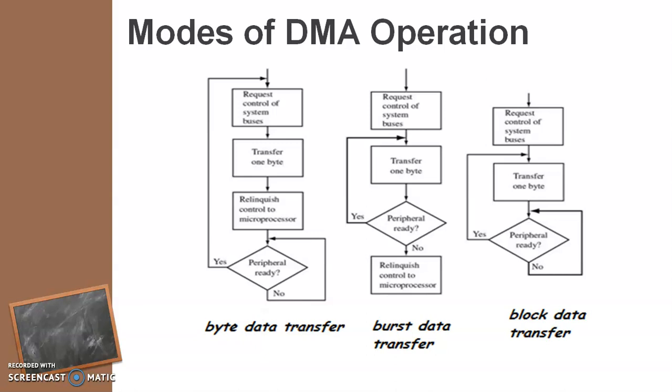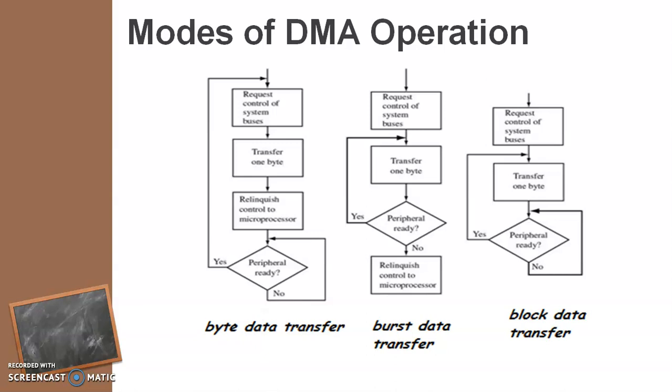In burst data transfer, the direct memory access controller requests for the address, data and control bus, then it transfers 1 byte and it checks whether the peripheral is ready to transfer another byte. If it is so, then using these buses it transfers the data, and after completing all the data transfer it releases the bus.